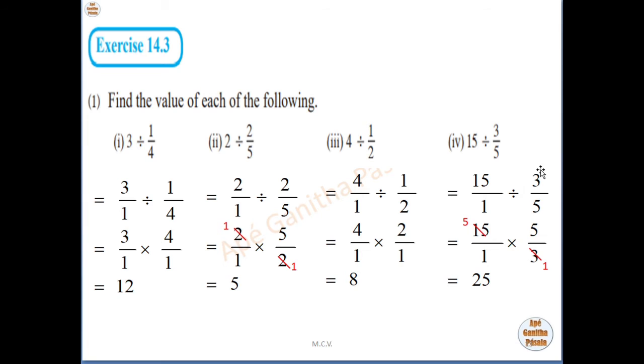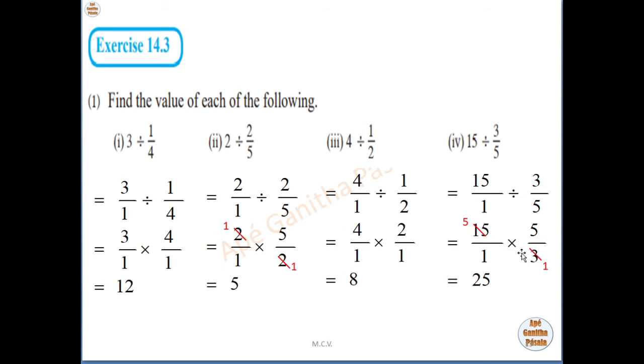15 divided by 3 over 5. 15 over 1, 3 over 5. Division can be converted into multiplication by interchanging the numerator and denominator, that is 5 over 3. Now check whether you can cut like a cross numerator and denominator.